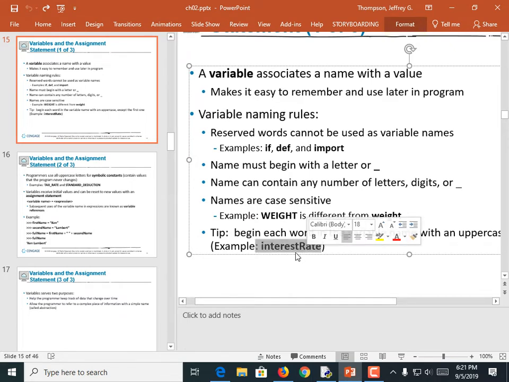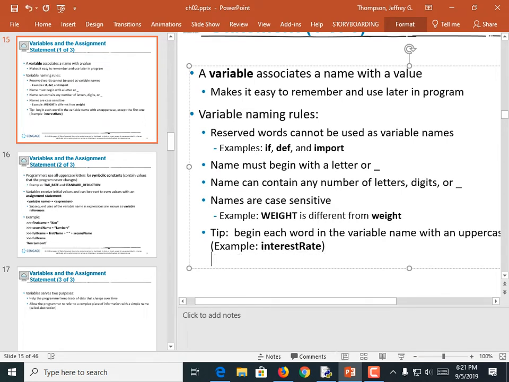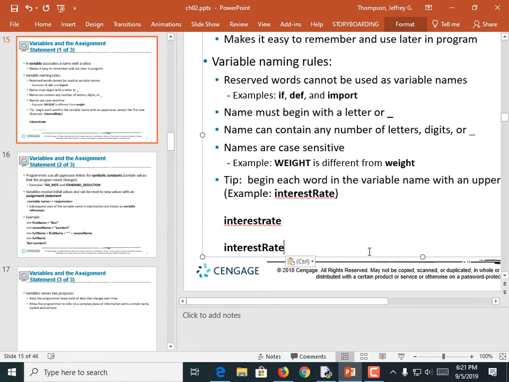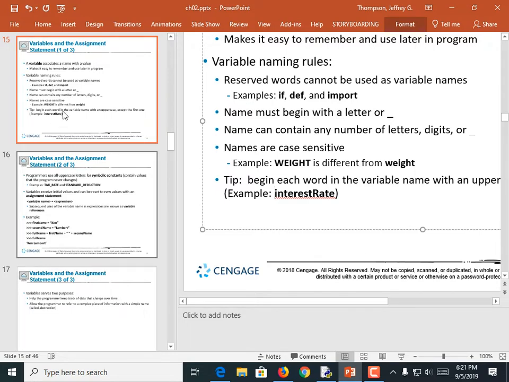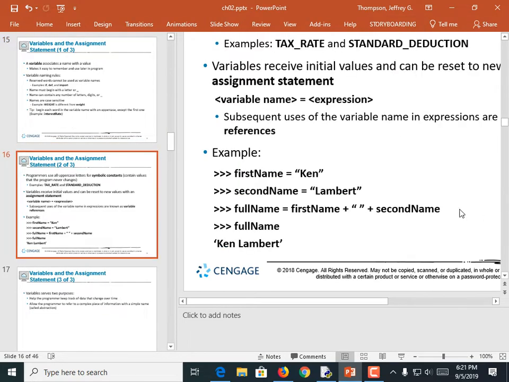The only reason I don't follow that in class is because I guarantee that if I use the word interest rate somewhere in my program and we wind up using a variable name more than once, then people are going to have problems compiling it because somewhere else they will have called it interest rate with a lowercase r, and then they probably later on had interest rate with an uppercase, whatever. So just to make things easier to type, I'm going to be using underscores. Just realize it makes you look old-fashioned and that this is the better way to do it. Better is not the right term. It's like wearing a top hat, right?